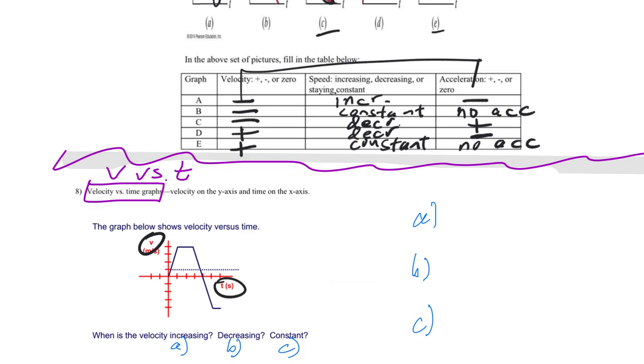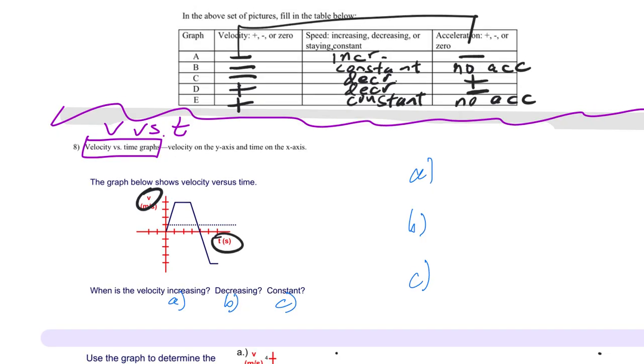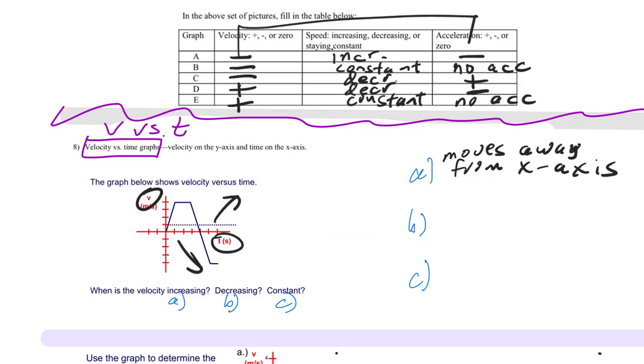Okay, so it's increasing wherever it goes away from the x-axis. So whenever the graph line moves away from the x-axis, so if it moves like that, or if it moves like that, so where's it doing that?